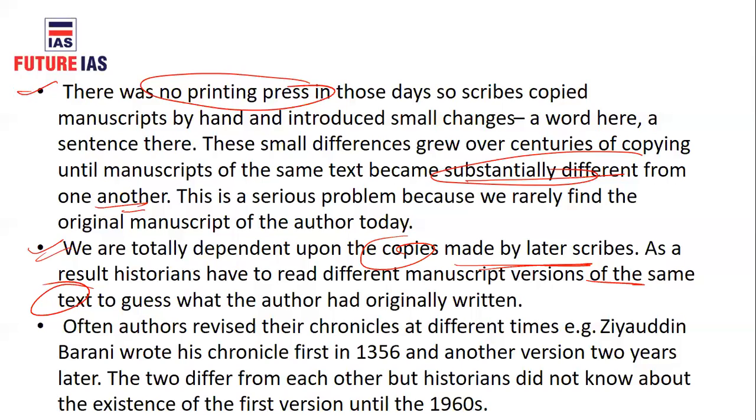For example, a chronicle was first written by Ziauddin Barani, who wrote his chronicle first in 1356. Another version was written two years later, in 1358.